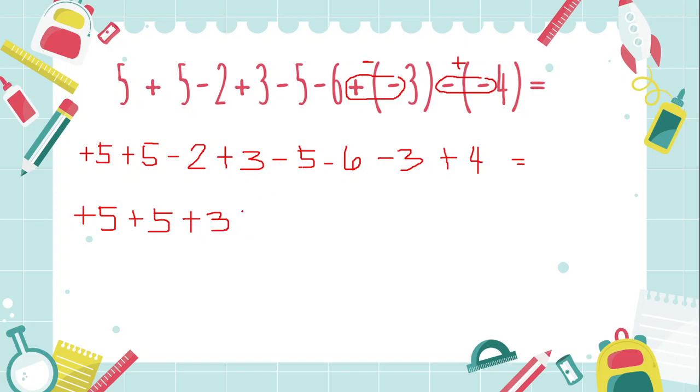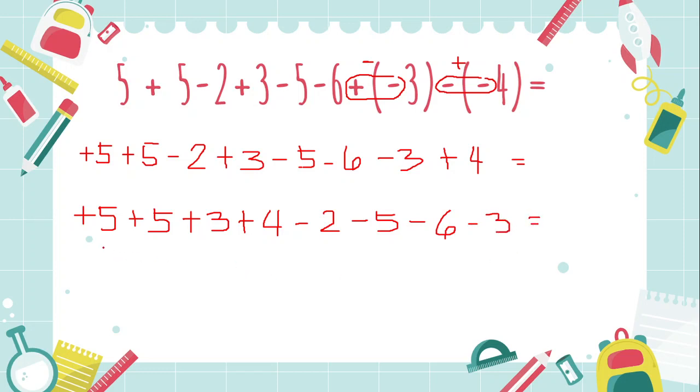Another positive 4. So we now have all the positive numbers. The next, let's just continue with the negative numbers. So you have negative 2, then negative 5, then we have negative 6, and negative 3.